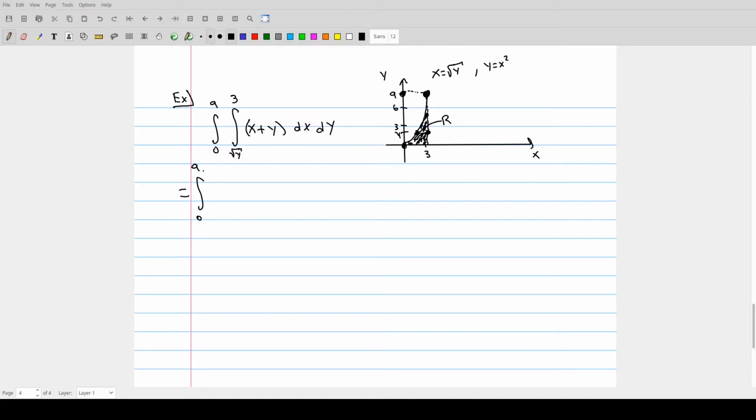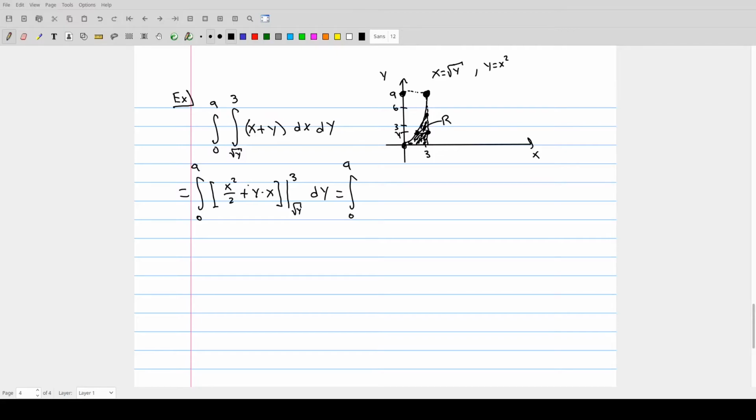So this is the integral from 0 to 9, and the antiderivative of x plus y with respect to x is x squared over 2 plus y times x. And this is evaluated at 3 as an upper bound and the lower bound of square root of y. And we plug in.